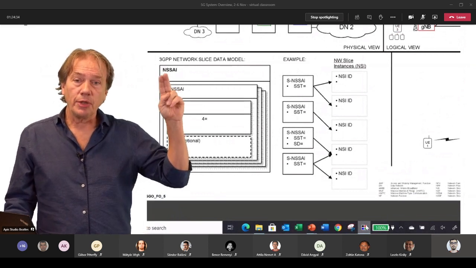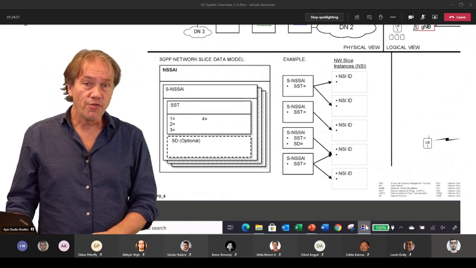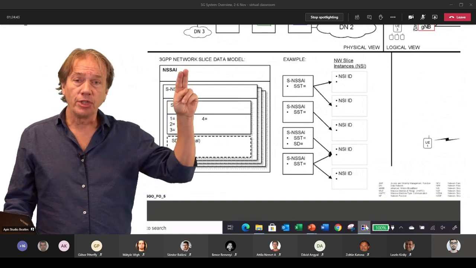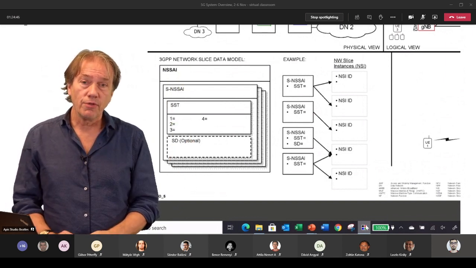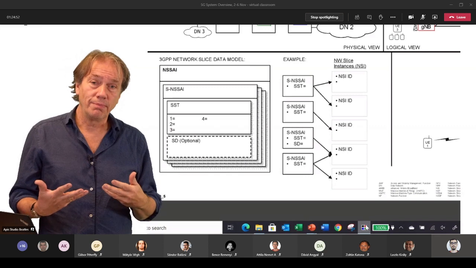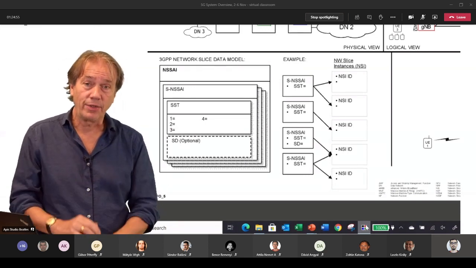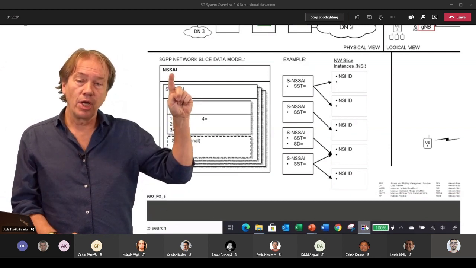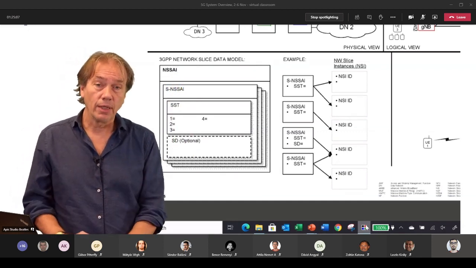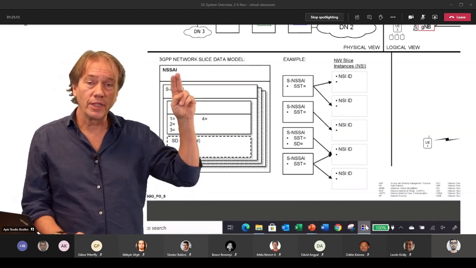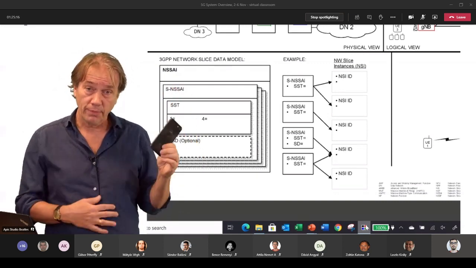NSSAI means Network Slice Selection Assistance Information. So it's information which is used by the network to select a suitable network slice. This information will assist the network in selecting a network slice. It's not the network slice itself, because NSSAI is sent from the user equipment.